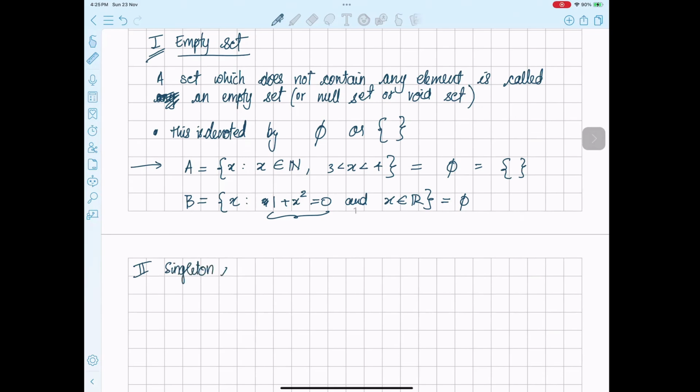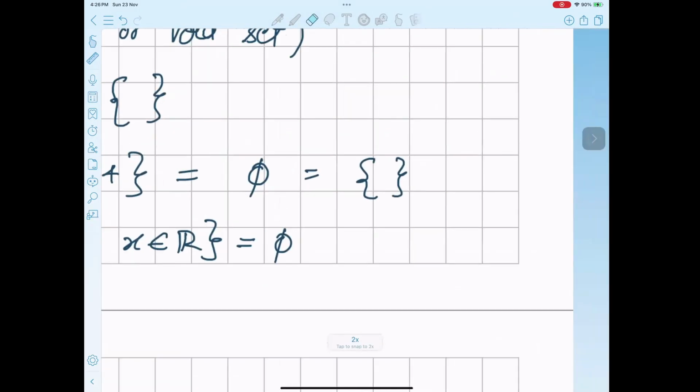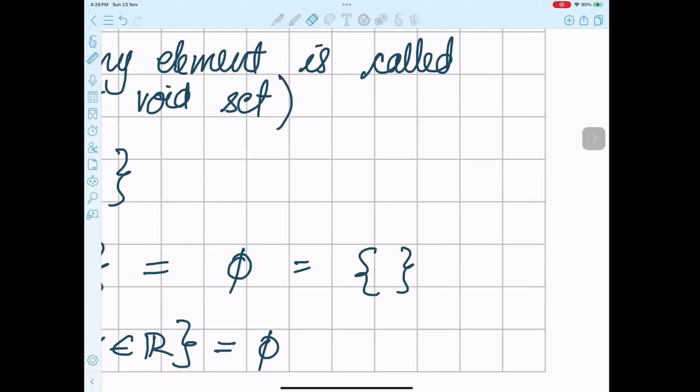Before I cover the singleton set, one common mistake made by most people when they try to conceptualize this is, for instance, if you have a set that is defined like this with zero in it, this is not an empty set because it contains an object and the object is zero, right?